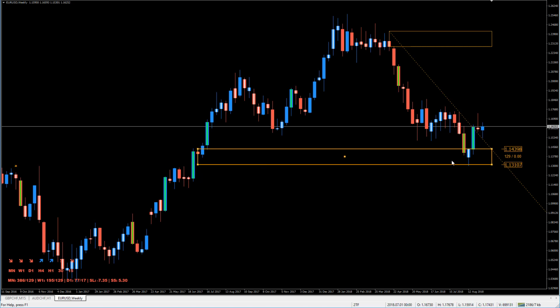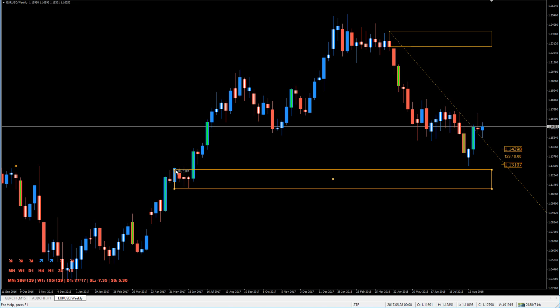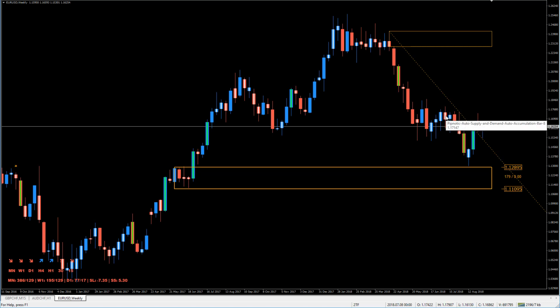This is a child. The parent's down here. This is where price is testing now, and this looks like it was enough to hold price. And so price is currently gnawing away at this here, because there are going to be some micro areas of supply in here, and price is currently nibbling away.